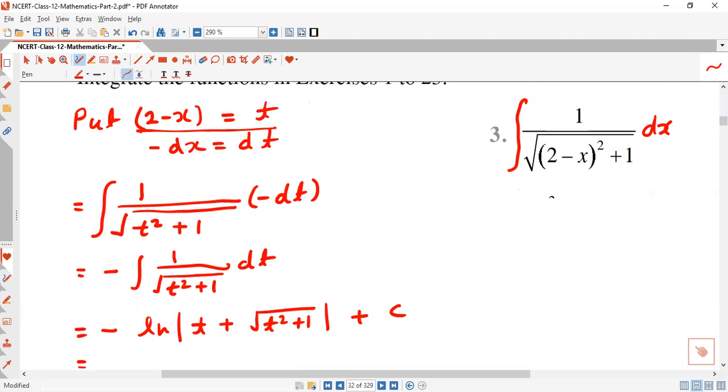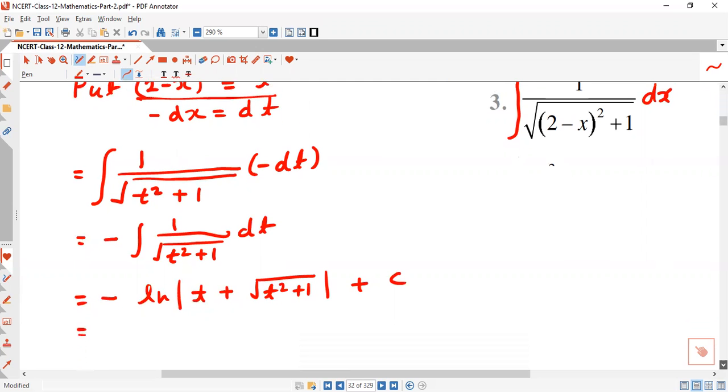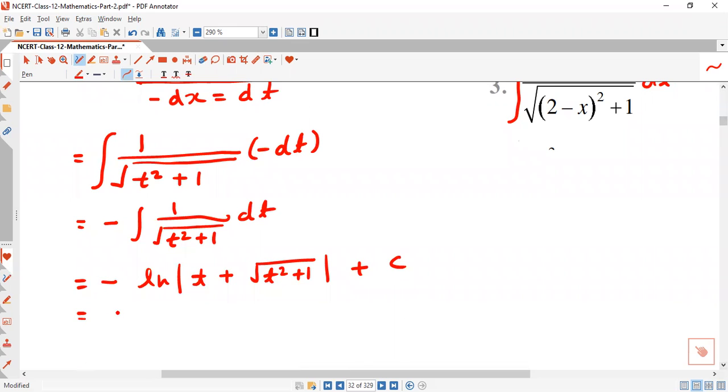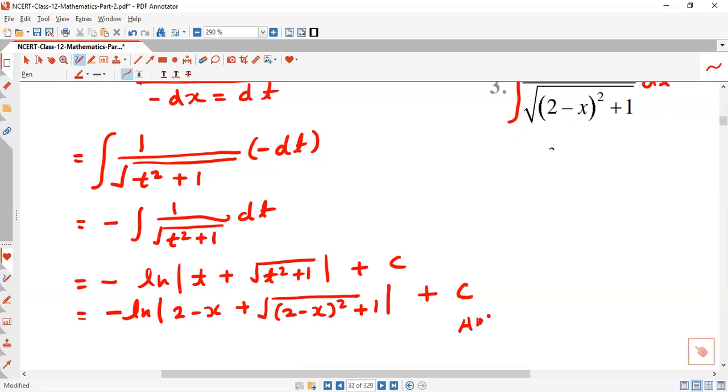So we are taking this value 2 minus x here. Put t. So we are getting minus log mod 2 minus x plus under root 2 minus x whole square plus 1, and this mod closed, plus some constant c. This is the answer of this question.